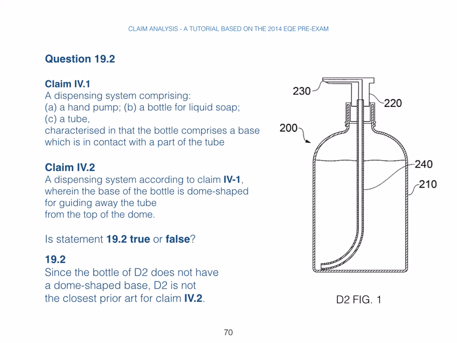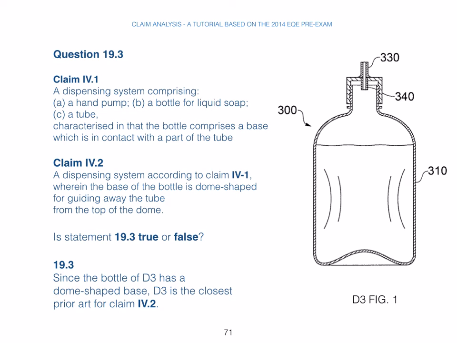D2's figure is shown on the right-hand part of the slide. Could D2 be the closest prior art despite its lack of a dome-shaped base? True or false? Then we will go to the next statement.